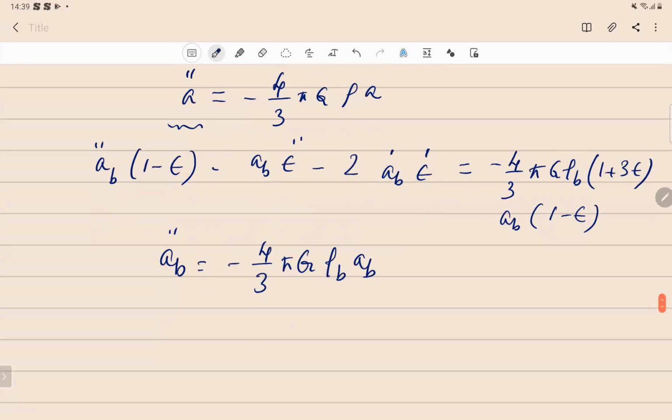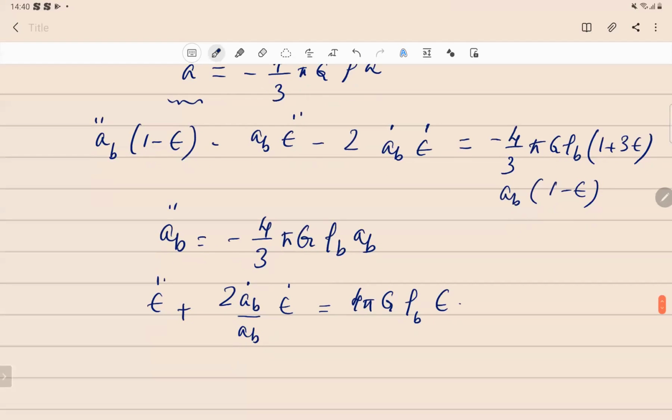Once you do that, you get an equation for epsilon, which is, let me write it down: epsilon double dot plus twice A background dot by A background epsilon dot equals 4 pi G rho background epsilon.